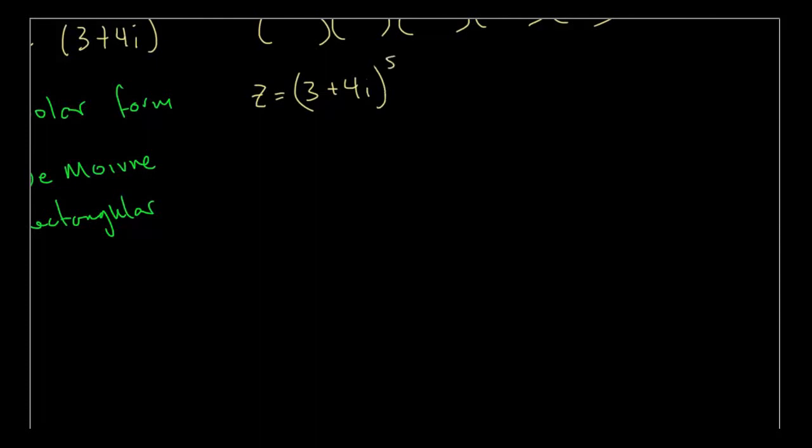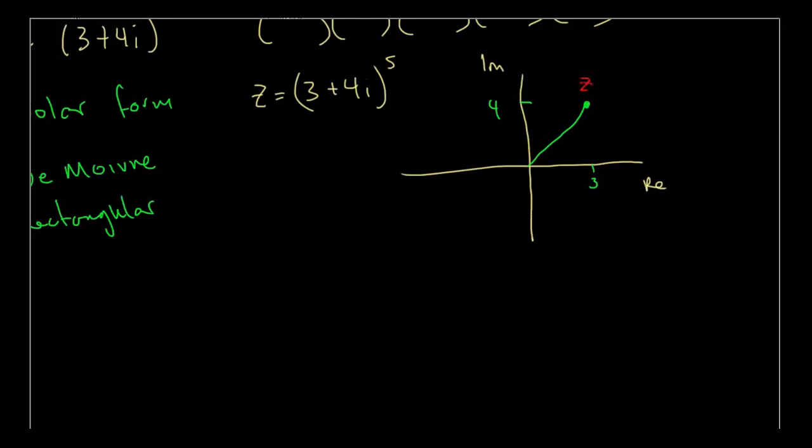So here's my Argand diagram, where this is the real axis and this is the imaginary axis. Let's say this is my 3, that is my 4. This is where my complex number is lying. This is my z.